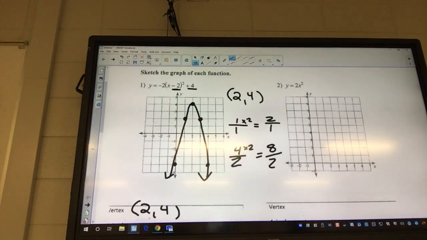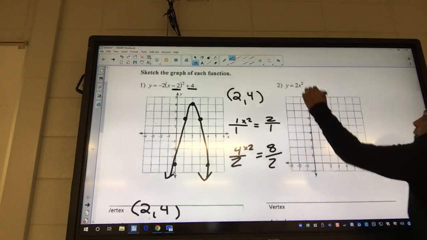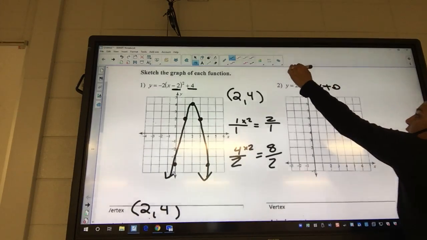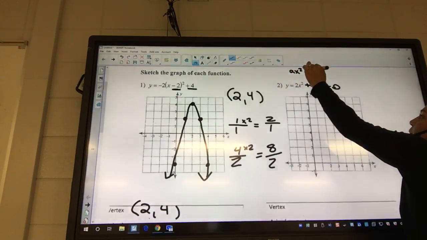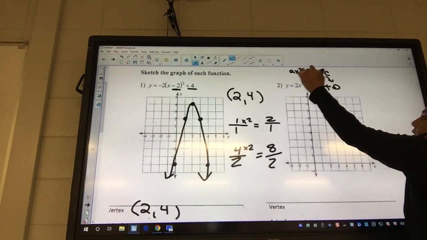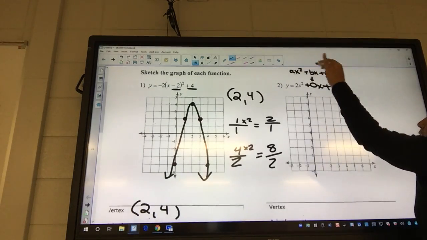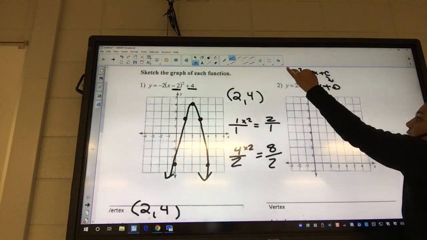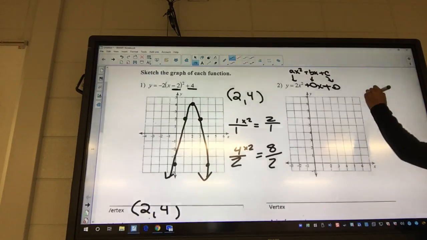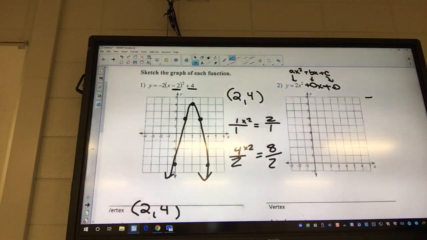Okay, what this is saying is, there's really a plus 0x, a plus 0, because it goes ax squared plus bx plus c. And so our b is 0 and our c is 0. What is our a? 2. So it's still standard form. So what's the formula?